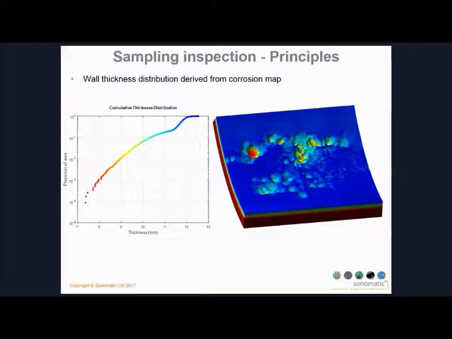So about 20% of the area is affected by corrosion, and all of this material here, with the dots, corresponds to the color in the corrosion map. So we've got a relatively small amount of material at very significant depth, or a small amount of remaining wall thickness. What this is showing is that we've got only 1 over 1,000, so 0.1%.